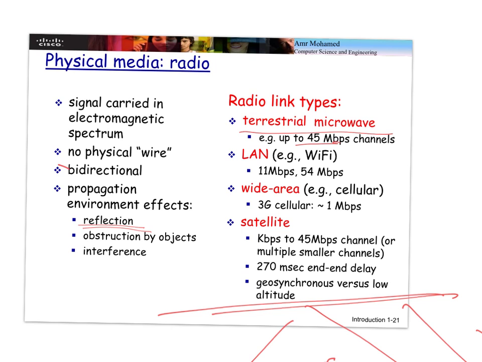So the channels that are formed in terrestrial communication can vary depending on so many things.